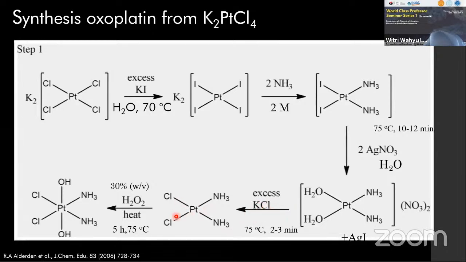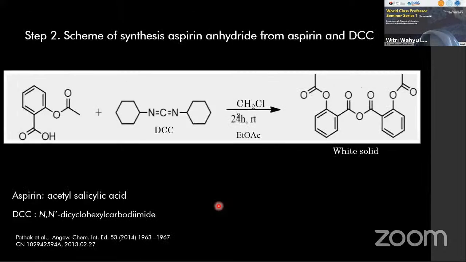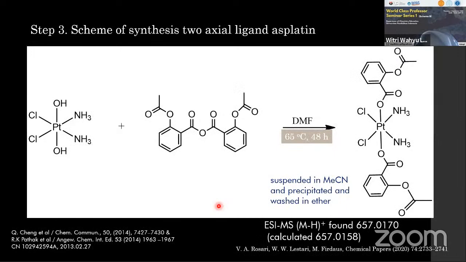To have cisplatin 4, the cisplatin is oxidized with hydrogen peroxide. And here is the step to make the aspirin anhydride, because after that the aspirin anhydride will be connected to this cisplatin to give the asplatin like this.